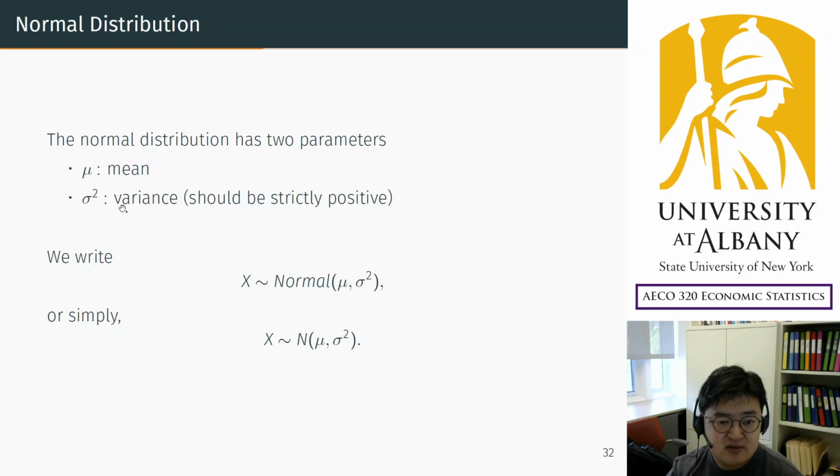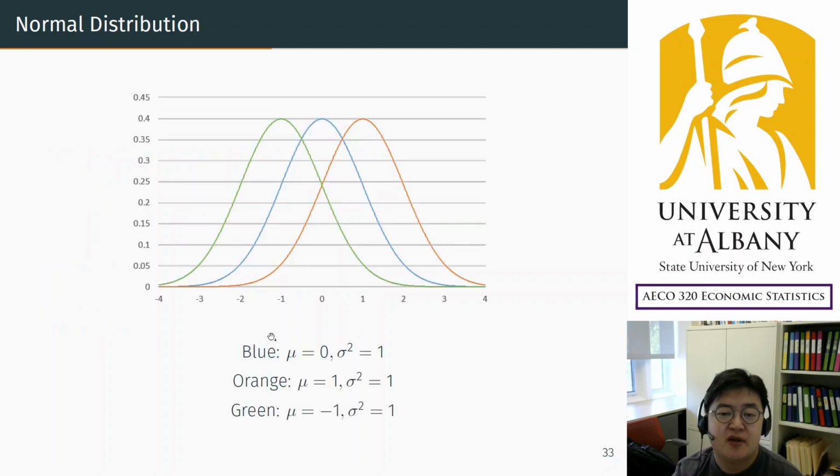The variance is denoted by sigma squared, so the standard deviation is usually denoted by sigma. The reason we put the square is because sigma stands for standard deviation. Or the notation can be simply N. Instead of writing normal, you can just write N, and it means normal distribution.